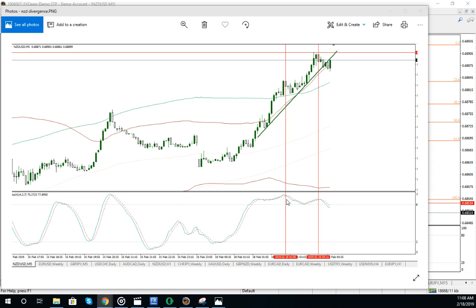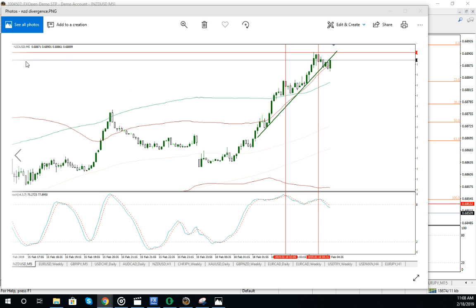And I wanted to point out something cool I noticed about divergence. That approach wasn't about divergence specifically, but it was about looking at trend lines off of the bands and things like that.